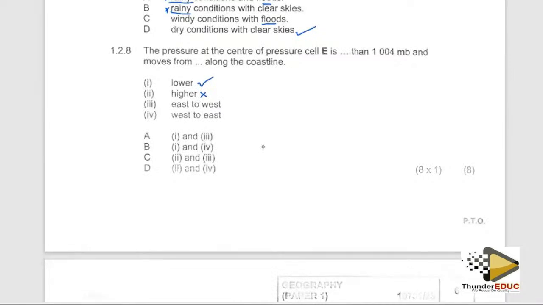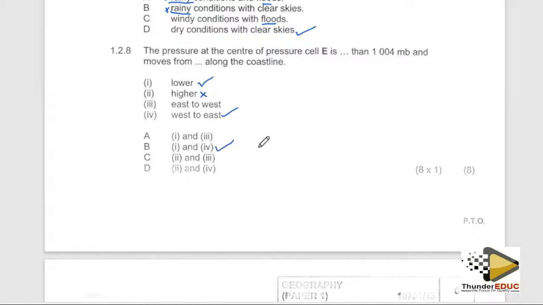We know that low pressure cells, the coastal lows, move along the coast from the west to the east, which makes options 1 and 4 correct, which is 1.2.8, 1 and 4, so number B will be our correct answer.